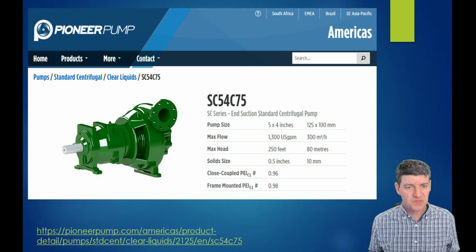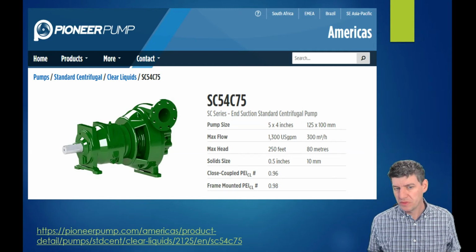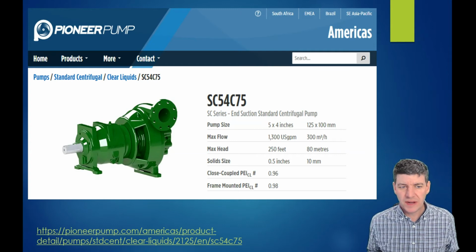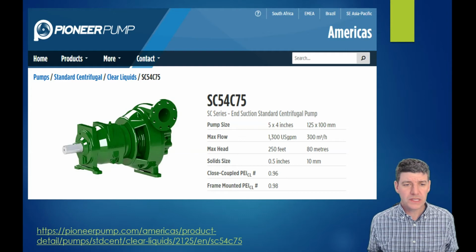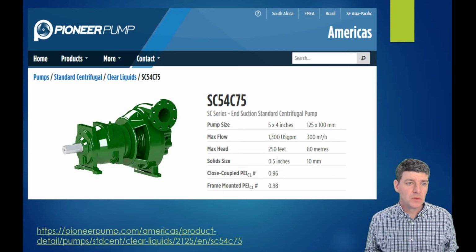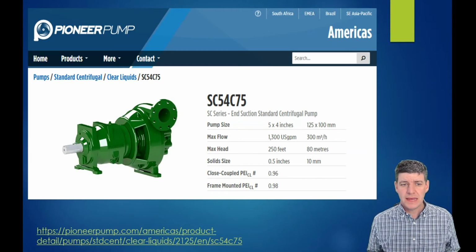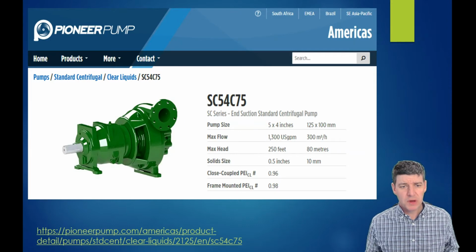You can see the max flow for this pump, 300 cubic meters per hour. But what it doesn't specify is what pressures it delivers. What it specifies is max head of 80 meters, or else my imperial equivalent. So this pump has specified for us how much head this pump can produce. So when we talk about pumps, we're talking about head.